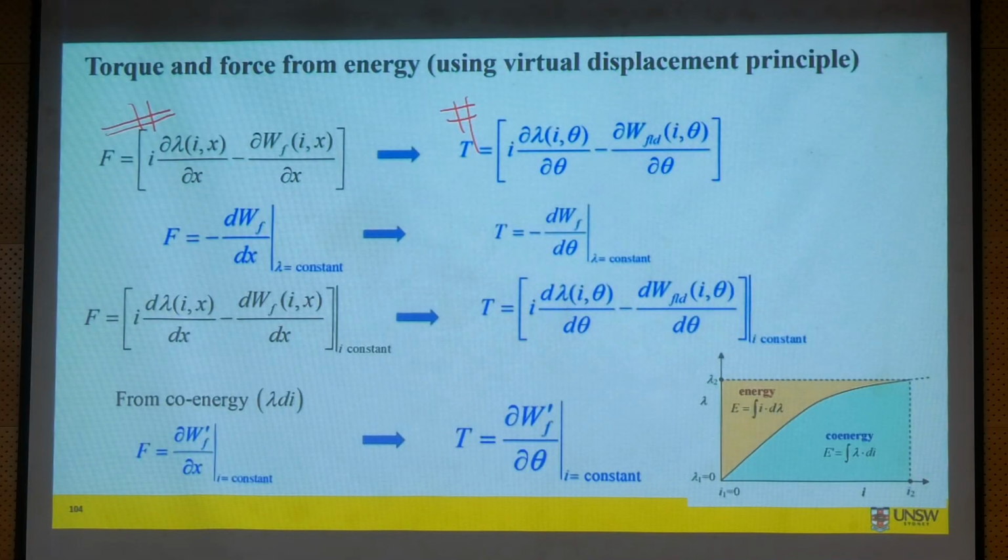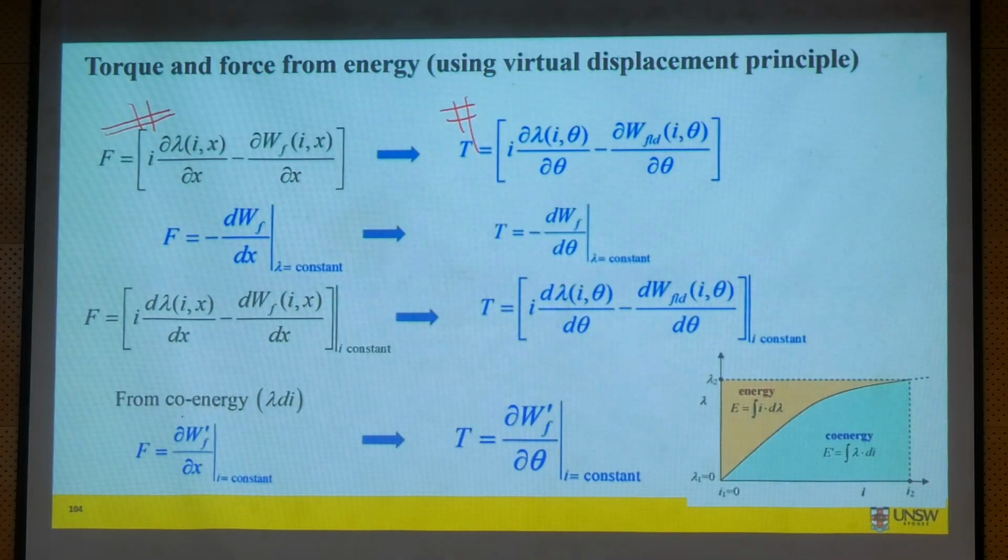So they try to solve these partial differential equations. Sometimes this equation becomes simplified if, instead of energy, we use co-energy. So for hand calculation, we often use co-energy to calculate force.